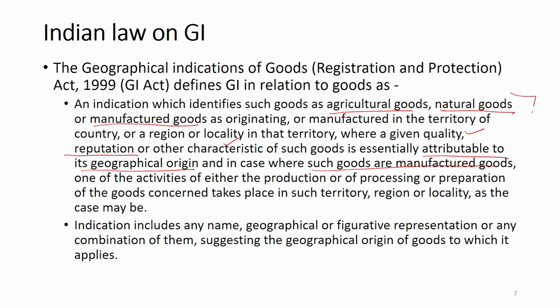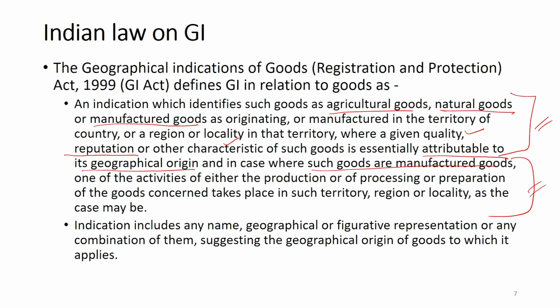So, we can divide it into 2 parts. This part is for natural and agricultural goods, this part is for manufactured goods. In case of agricultural goods, natural goods, the quality, the reputation, the characteristics are attributable to its geographical origin.